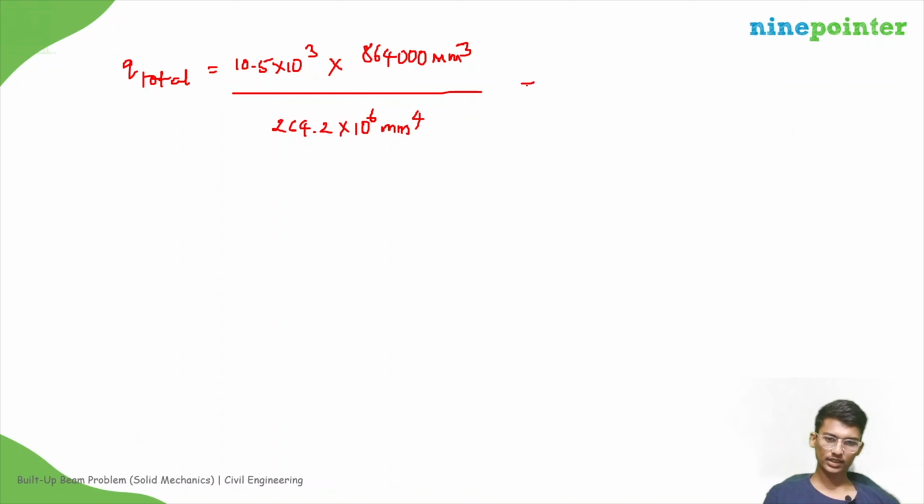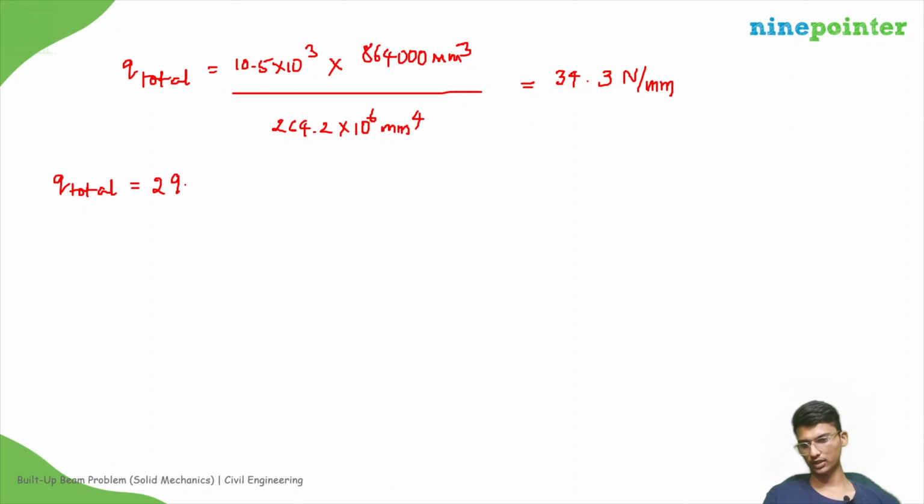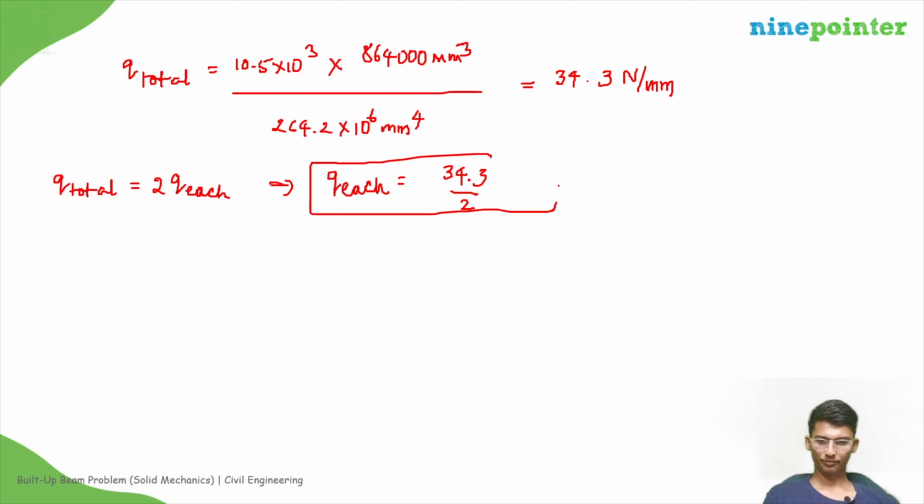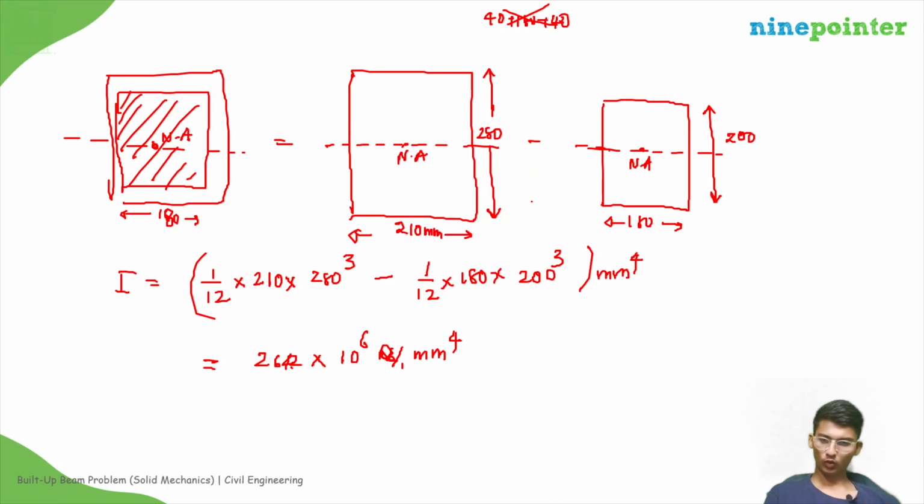If we calculate this, we get q total as 34.3 newton per mm. But q total is equal to 2 q each, because there are two rows of nails and they are symmetric. So q each will be 34.3 by 2 newton per mm.